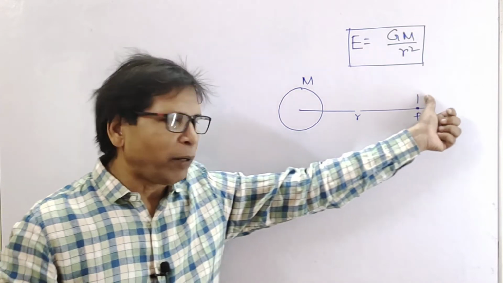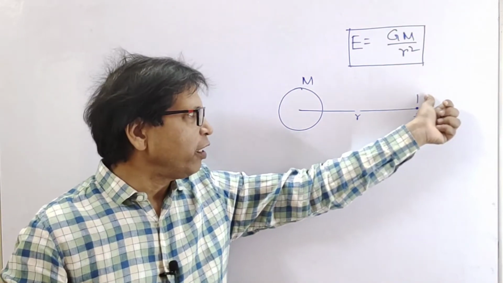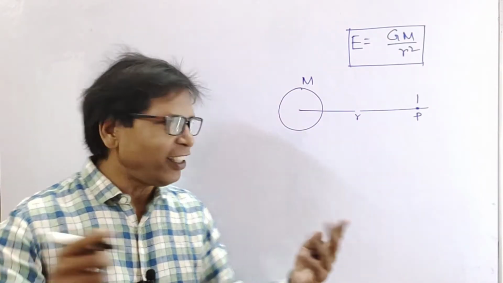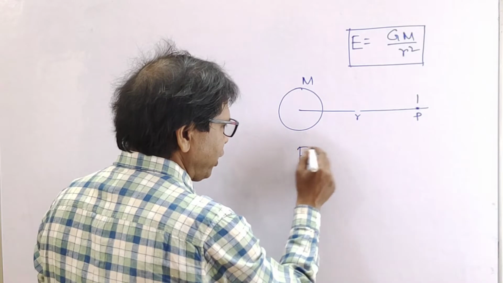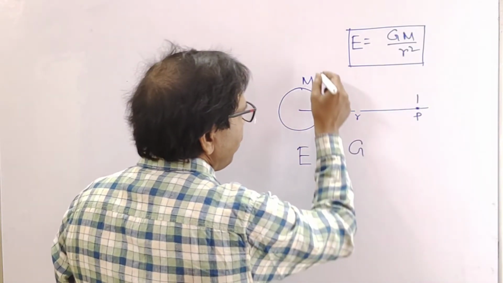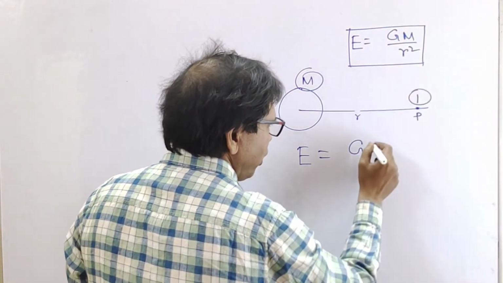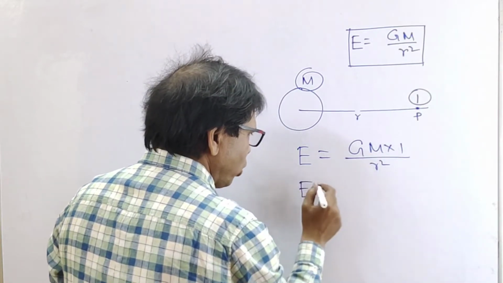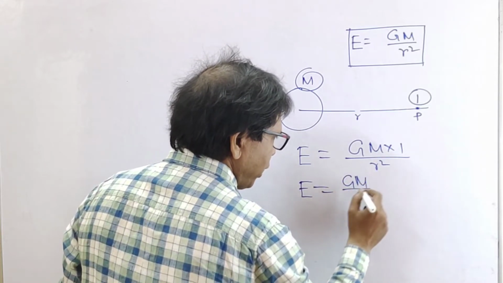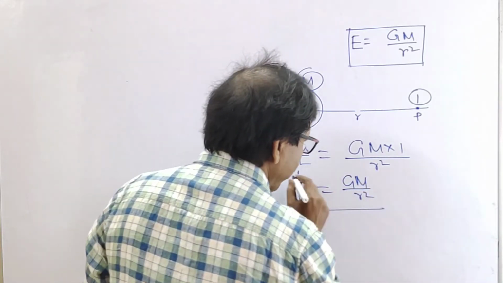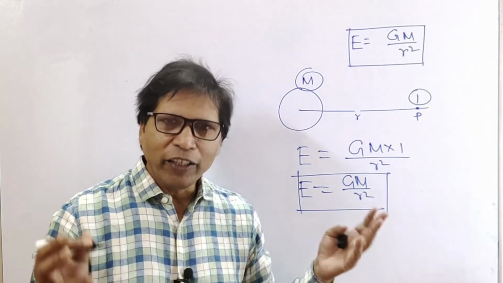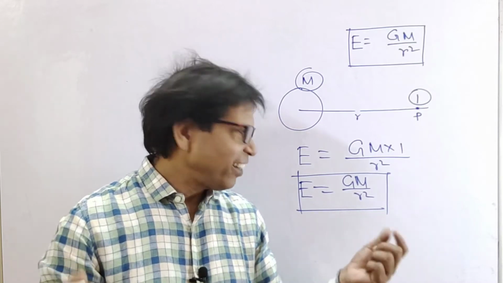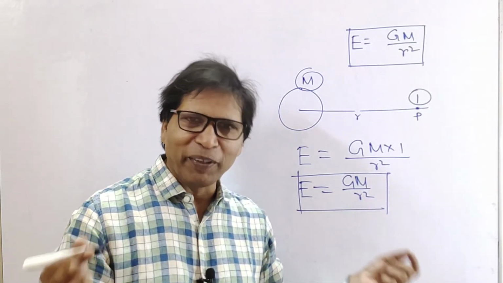The force experienced by this unit mass due to capital M is the gravitational intensity. So the gravitational intensity E equals G, mass of this into mass of this, so M into 1 divided by r square. So E equals GM by r square, the expression of gravitational intensity. Now its unit is Newton per kg or meter per second square, that is acceleration due to gravity.